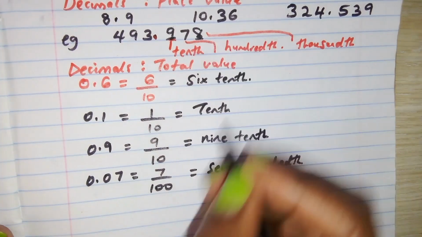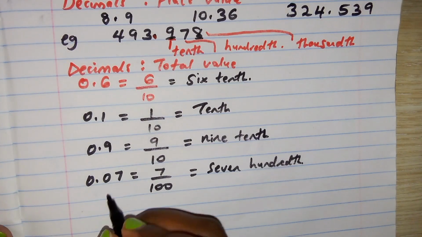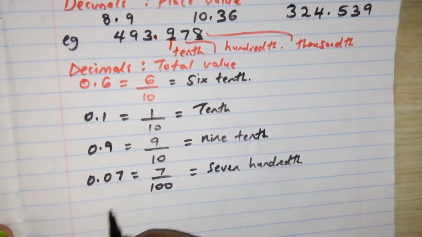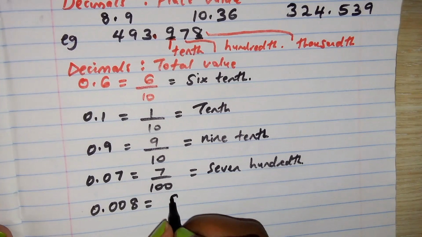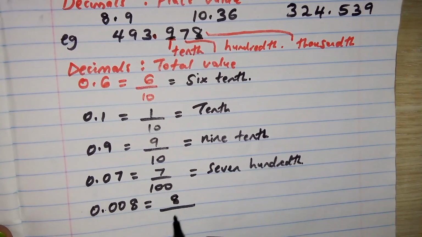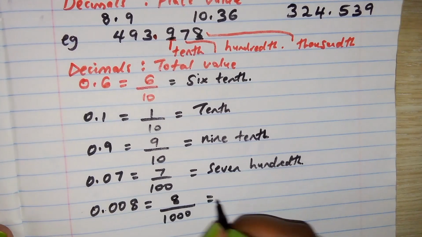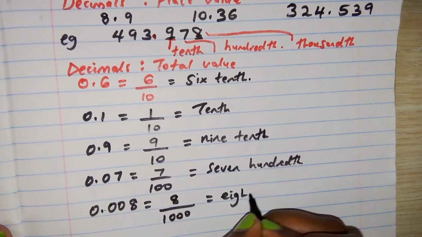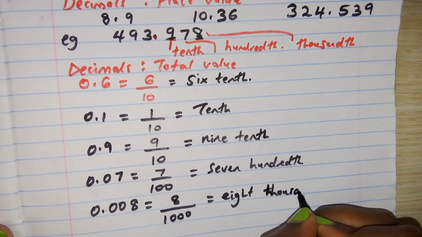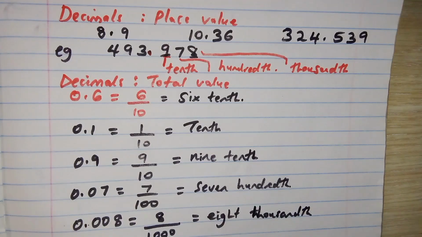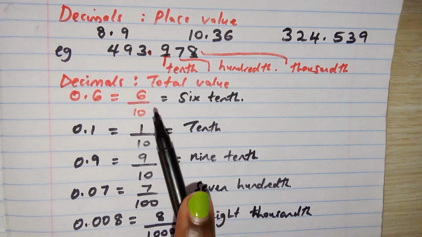And the last one, 8, can be written as 0.008, which is 8 over 1,000, with three zeros, and that is 8 thousandths. That's how you do the place value and the total value.